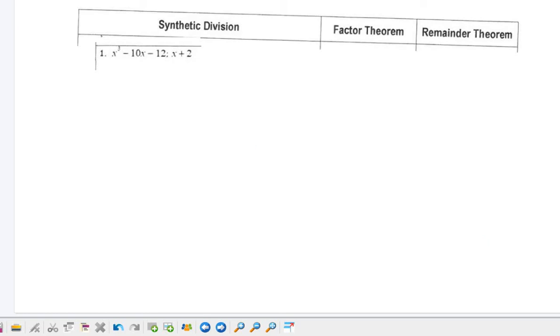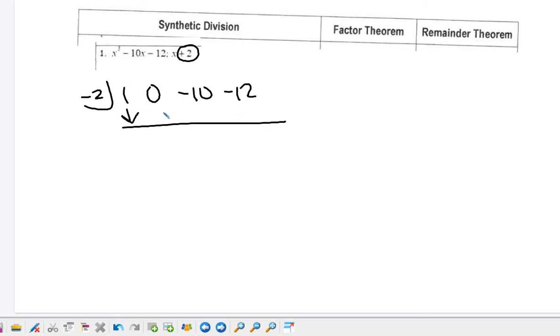Okay, so I'm going to do synthetic division. So I put the opposite, so I have negative 2. 3, notice I'm missing my x squared term, so I put a 0, 1, and then my constant. So the first thing I do is bring the first term down, multiply, add, multiply, add, multiply, add.